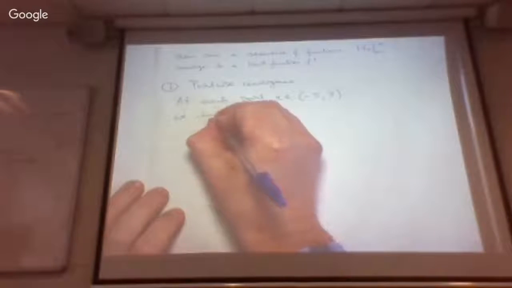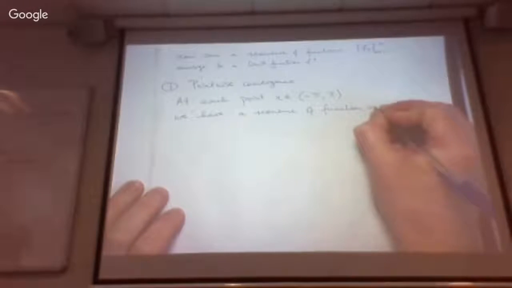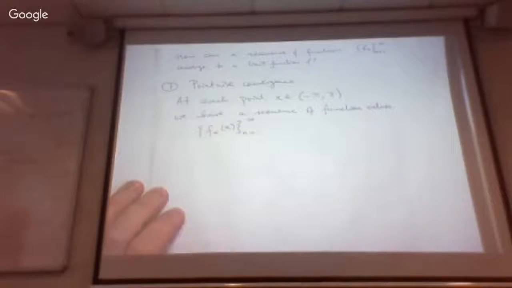You can generalize this out to any kind of sequence of functions. But at each point, we have a sequence, not a sequence of functions, but a sequence of function values, fn of x, as n equals 1 to infinity.